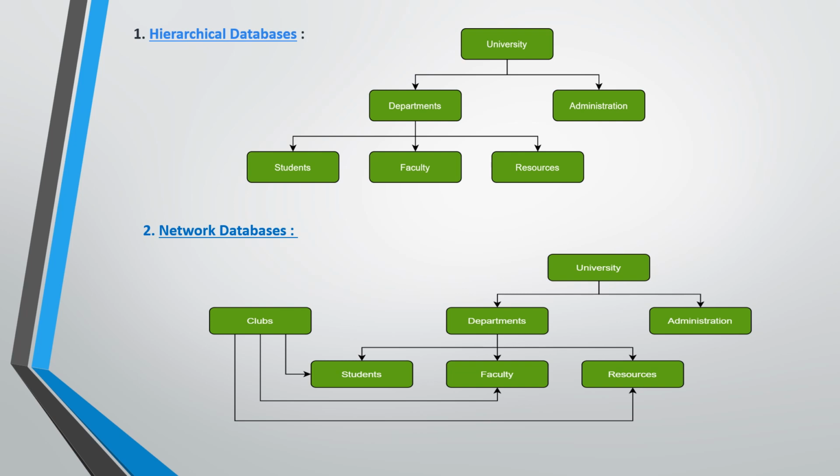Then the second category is called network databases. The network database is like the hierarchical database, but with a major twist: here the child records are given the freedom to associate with multiple parent records. So here this is a child node, the department and administration.